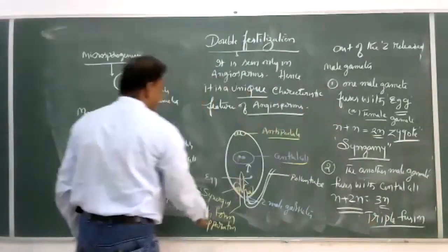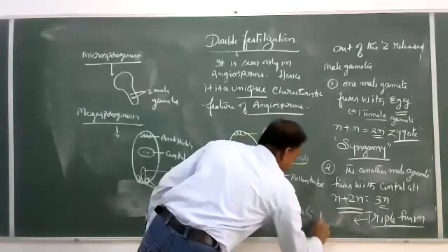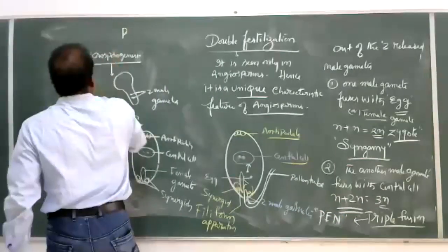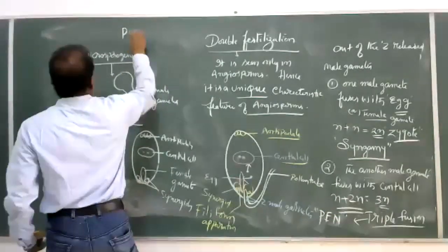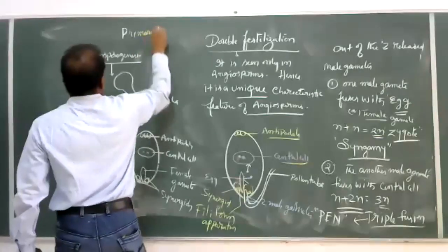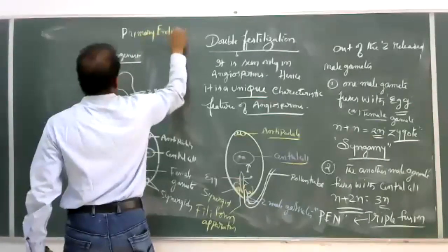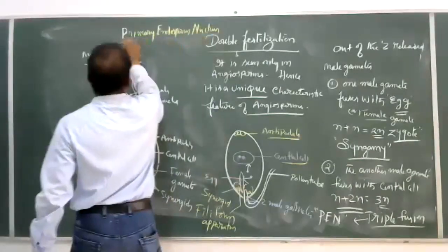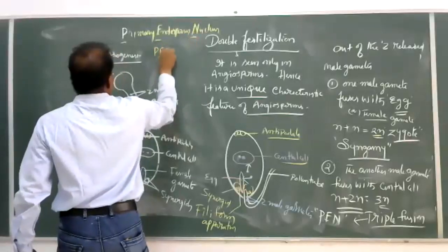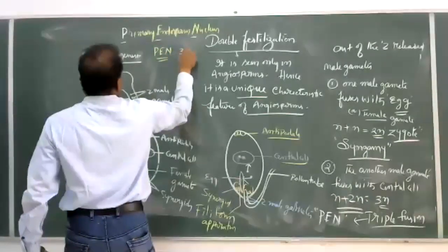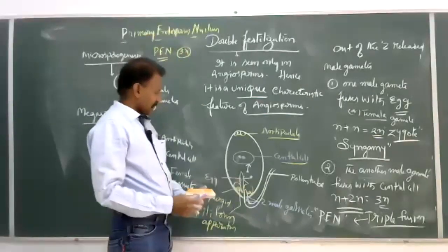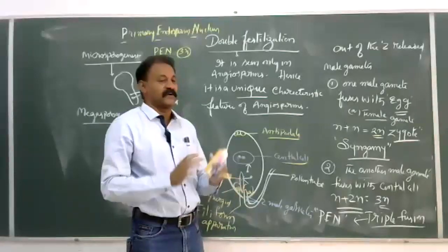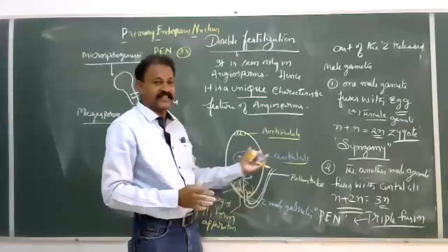Triple fusion results in the PEN, the primary endosperm nucleus, which is always triploid. We'll see in the coming classes. We will see double fertilization thoroughly in the form of a small structure. We will continue this in the next class. All the best.